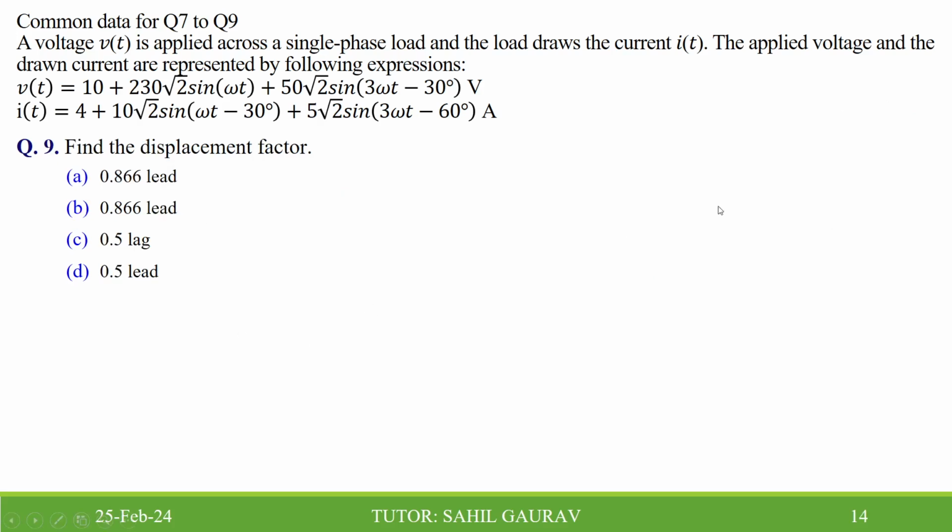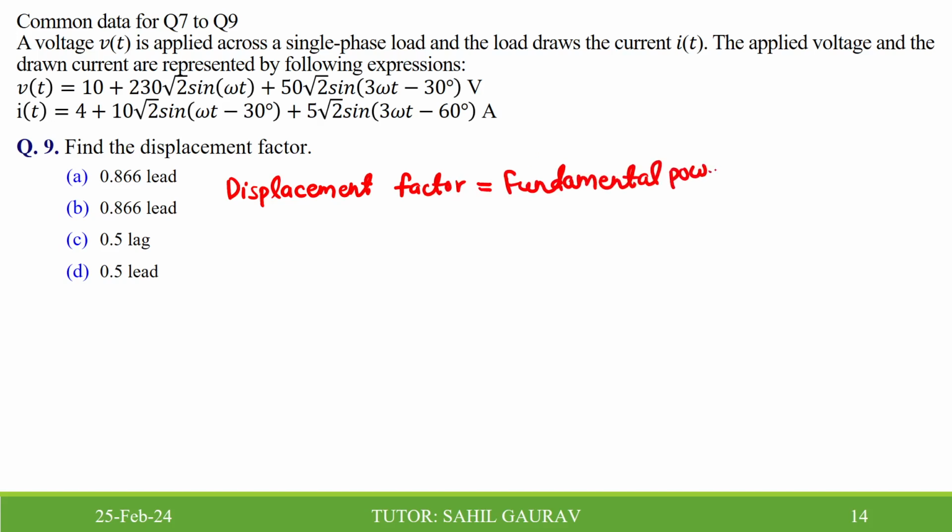Find the displacement factor. If you have any doubt, you can interrupt me and ask if you don't understand any problem. Displacement factor, we also call it the fundamental power factor, and we take it with respect to the fundamental component.